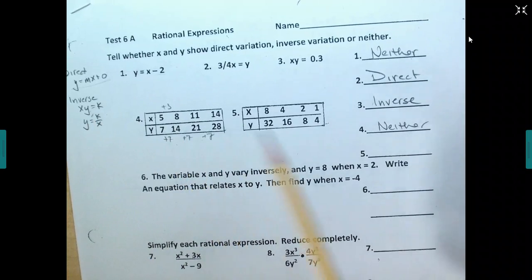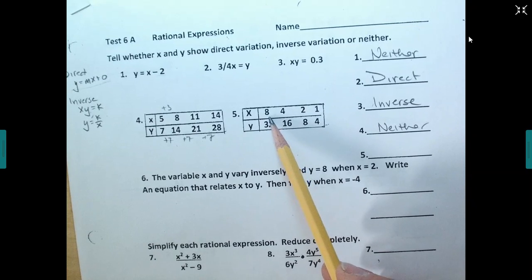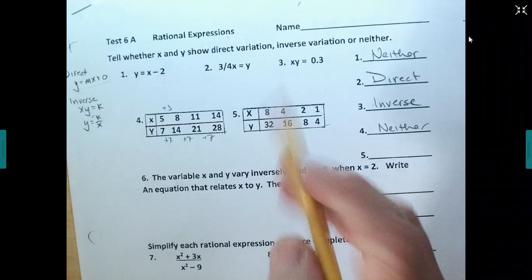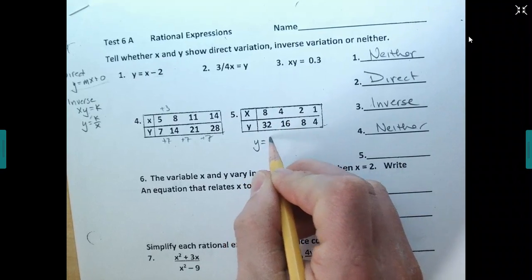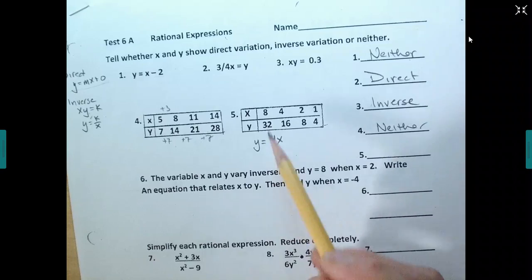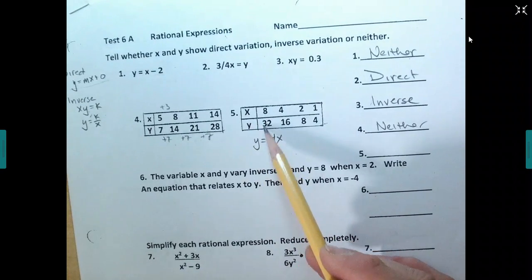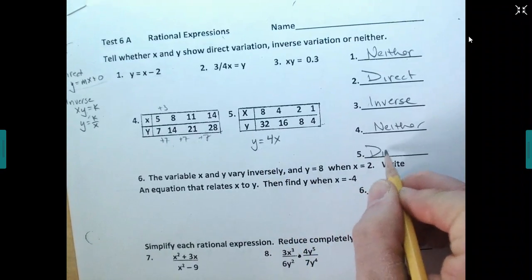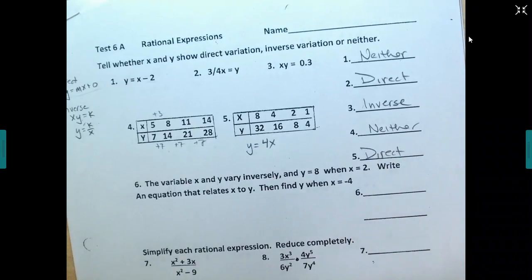That would be the same one for this. It's not going to be inverse. What would well, 8 times 4, 4 times 4, 2 times 4. So y equals 4x. X times 4 equals y. So that would be a direct variation.